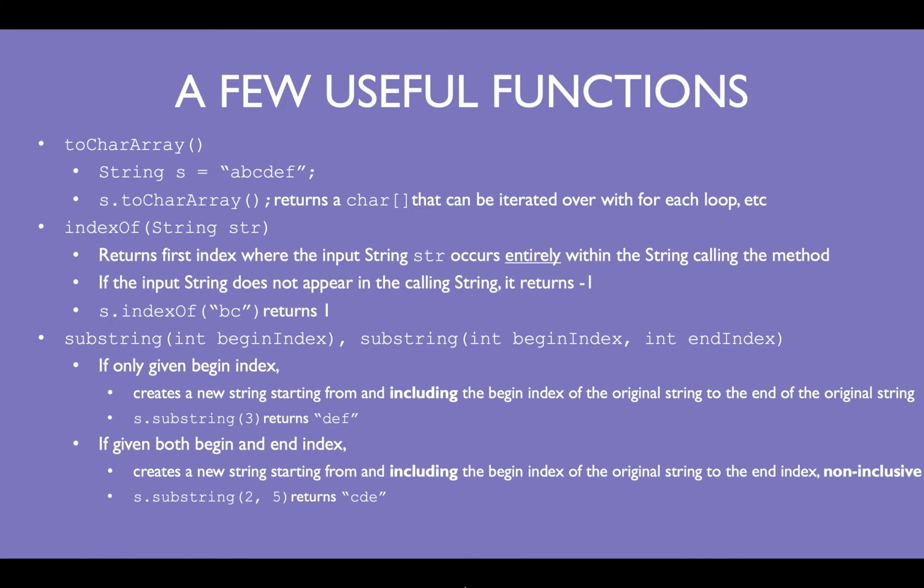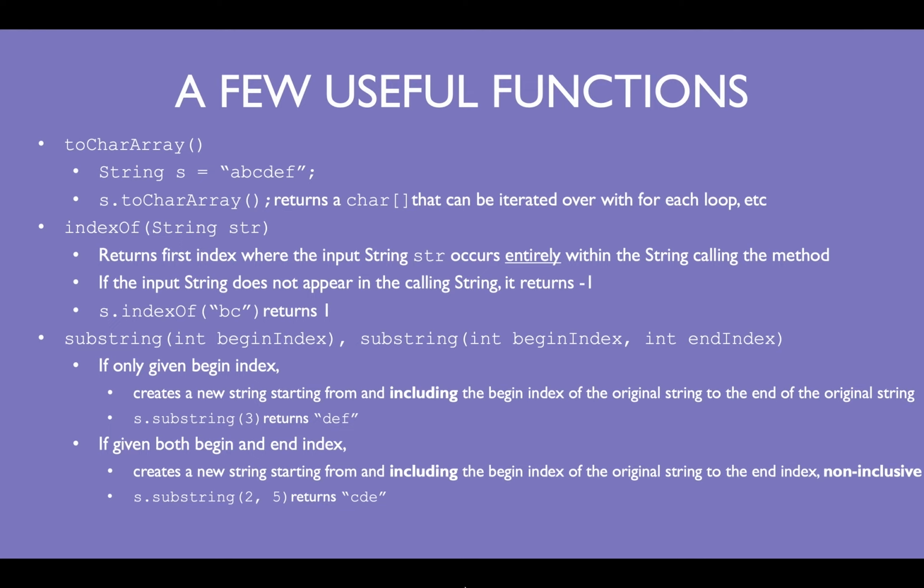So if we call s.substring with an index of 3 on the same string we declared above with s, it should return def, because we return everything in this s string, including the third index and all the way to the end.